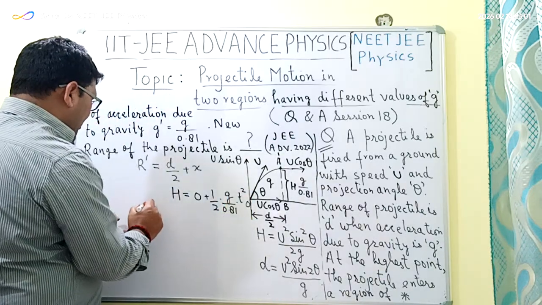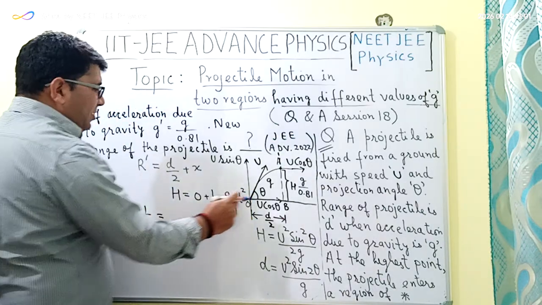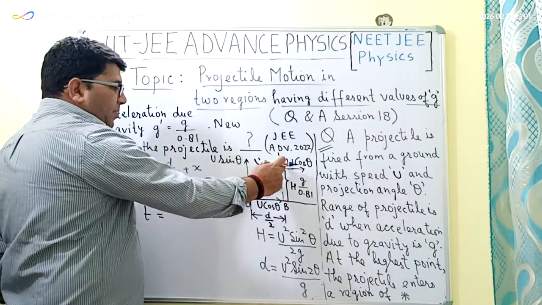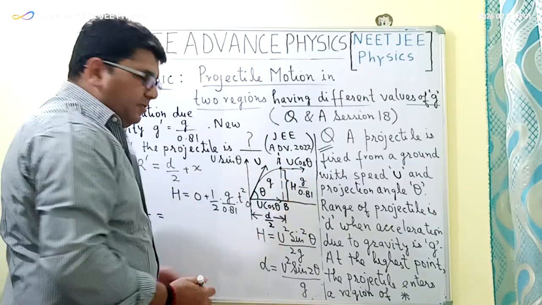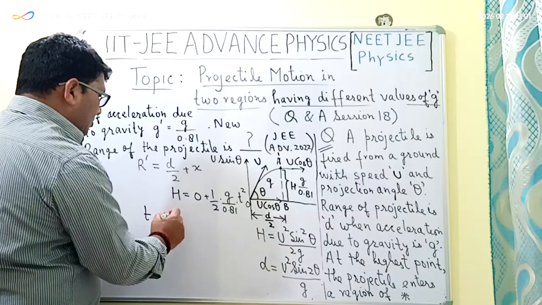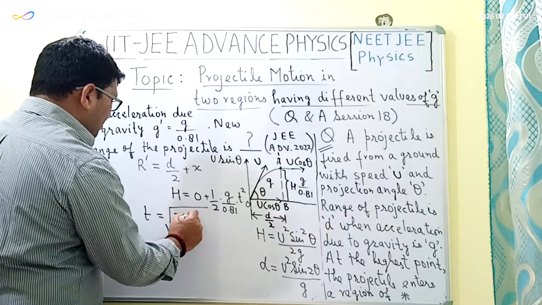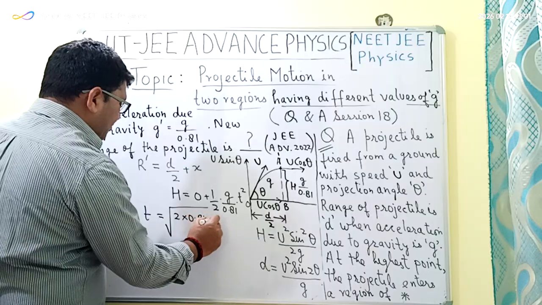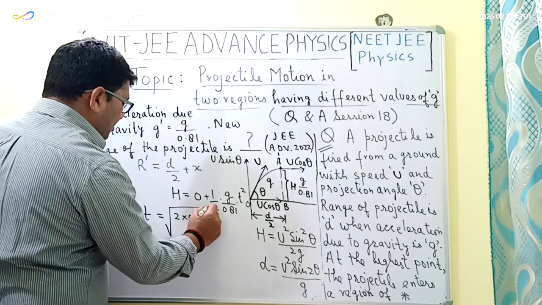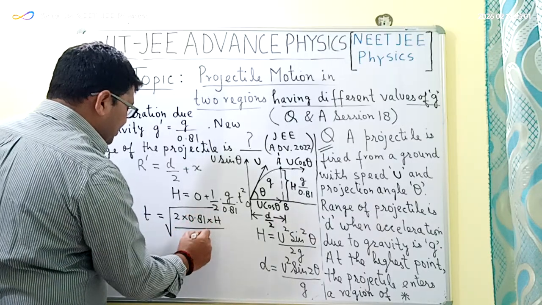Here t is the time taken by this projectile to reach the ground. So this will be equal to under root of 2 into 0.81 into h divided by g.